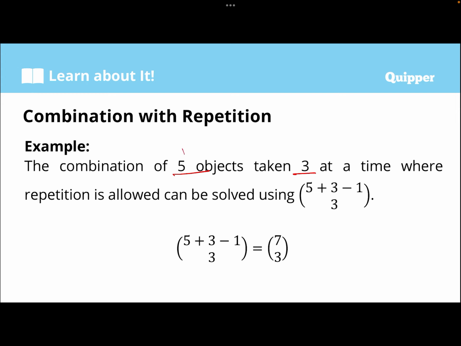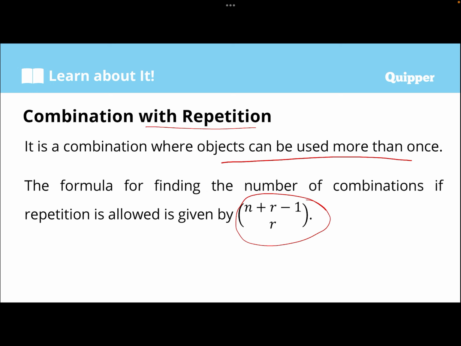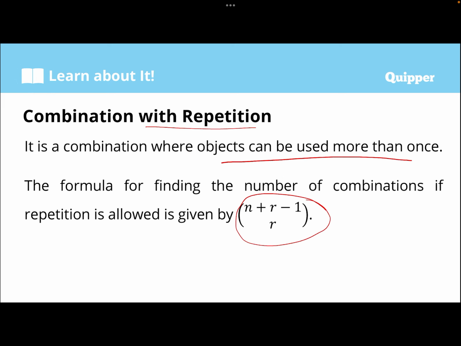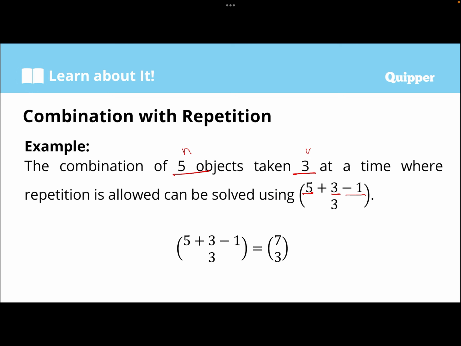So, 5 is n, r is 3. So, we can now substitute into the formula. So, kanina, n plus r minus 1. So, ngayon, n is 5 plus r is 3, and then minus 1, and then ang ating r is 3. Alright? So, 5 plus 3 minus 1, so, you will get 7, and then 3.